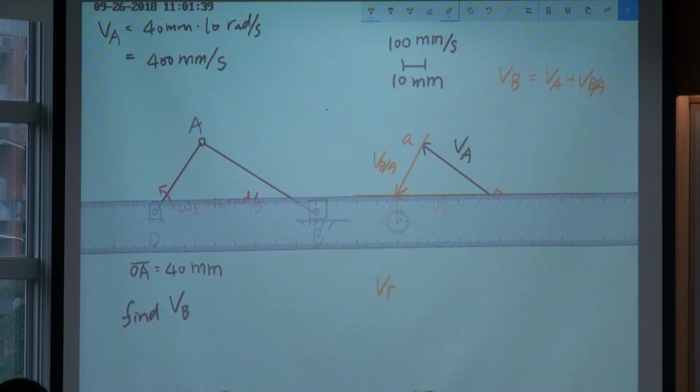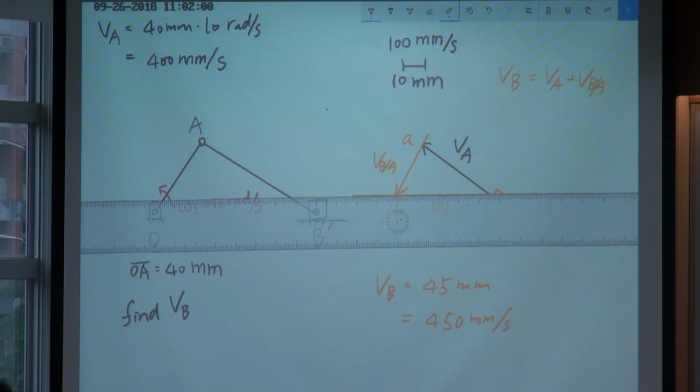So VB, I measure it, is 45 millimeter. In the scale, 10 millimeter represents 100 millimeter per second, so it's 450 millimeter per second.